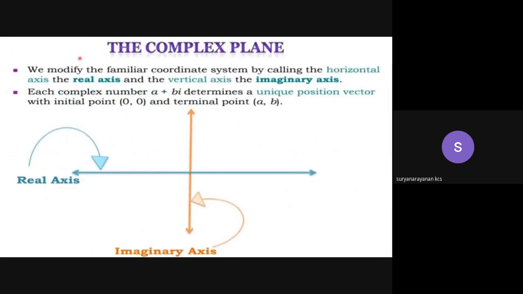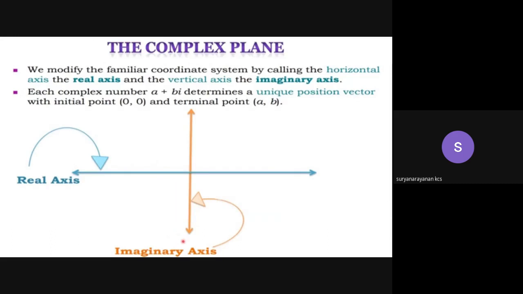Right. Now come to the complex plane. You have already studied the coordinate plane, the xy plane, the Cartesian plane. For complex numbers also we use a plane, just like the coordinate plane. We modify the familiar coordinate system by calling the horizontal axis the real axis and the vertical axis the imaginary axis. Here also we use the x-axis and the y-axis, but we call the x-axis the real axis, and the vertical line, the y-axis, is called the imaginary axis.